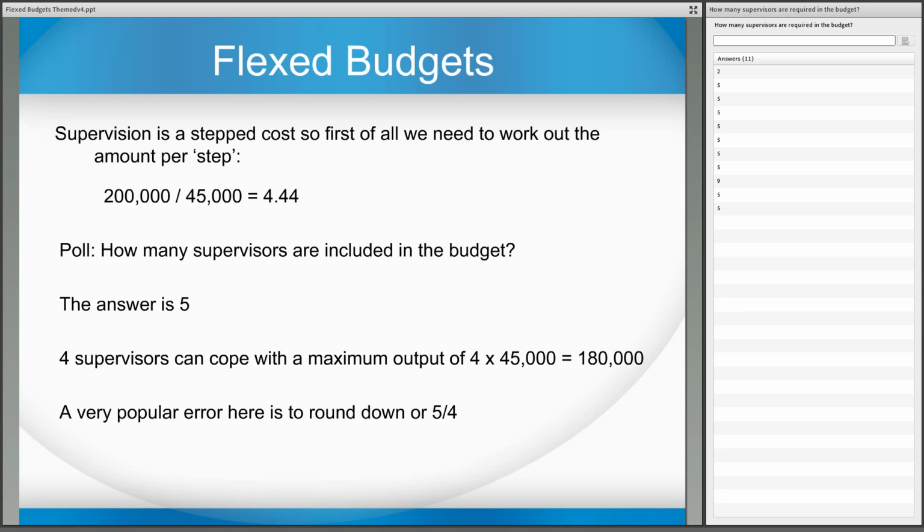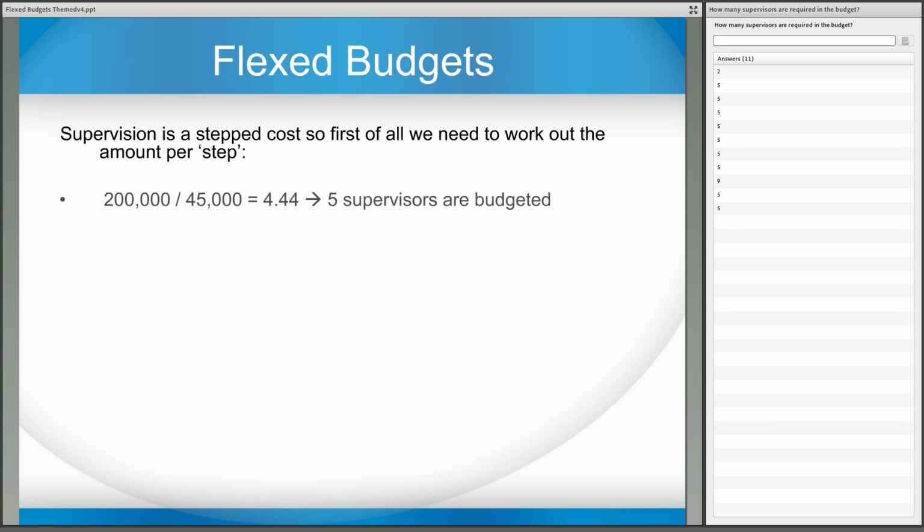Got one very low figure, one very high figure. Hopefully the working we've shown there is fairly self-explanatory. So in the budget there are 5 supervisors. We can now take that figure and we can say that means the £90,000 budgeted cost spread across 5 is £18,000 per supervisor.